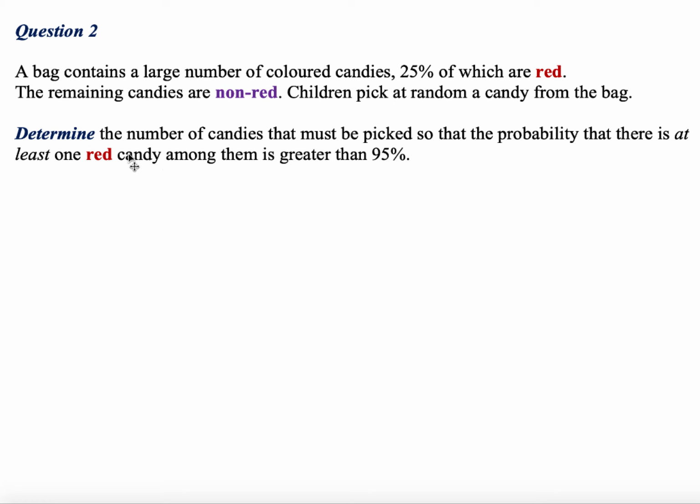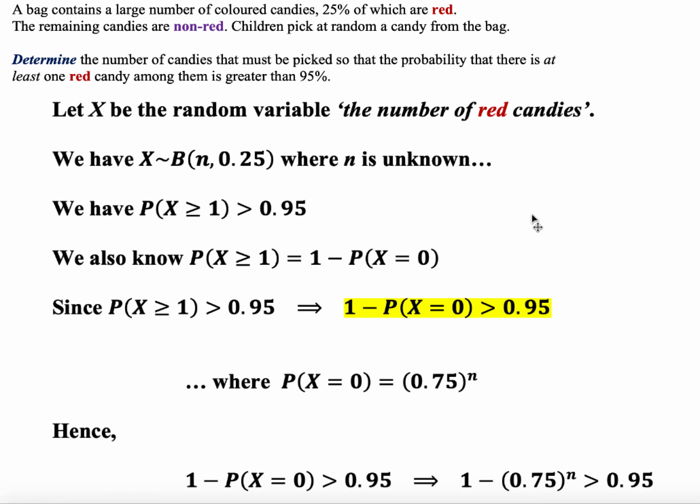The question is, can we determine the number of candies that must be picked so that the likelihood that there is at least one red candy among them is greater than 0.95. You'll notice that there's no n value here, and that's because what we're actually trying to find is n. So here's the question just repeated.